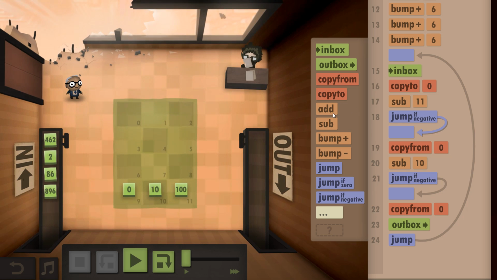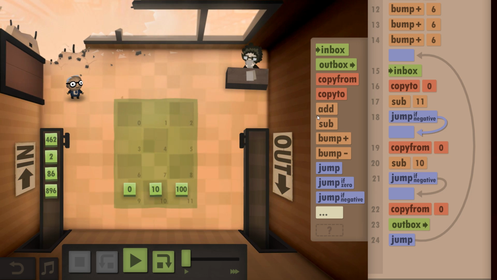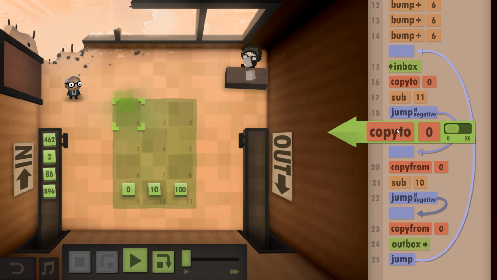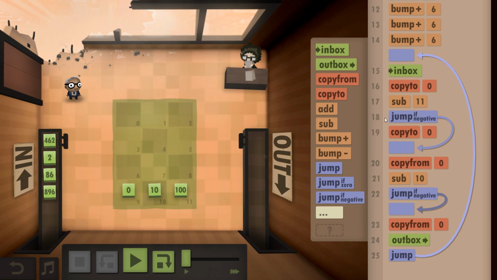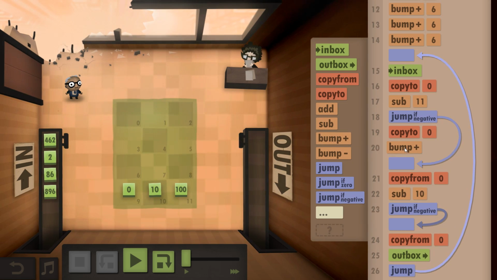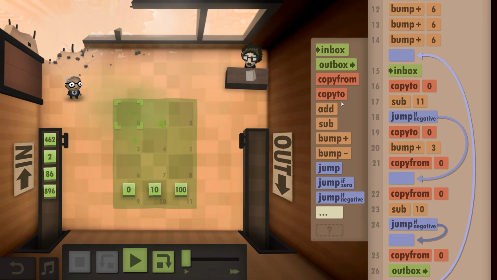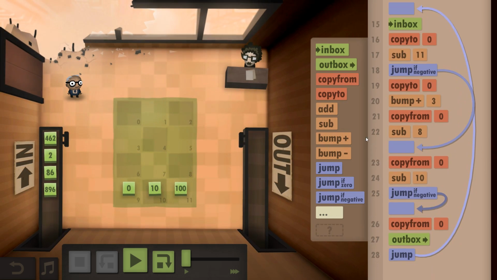I don't know if it's so hard to see. The steps are just so hard to estimate. If it's not negative, we'll save it and bump up the counter by 1, which I've put here, I think. And then we'll copy from 0 and subtract 300.